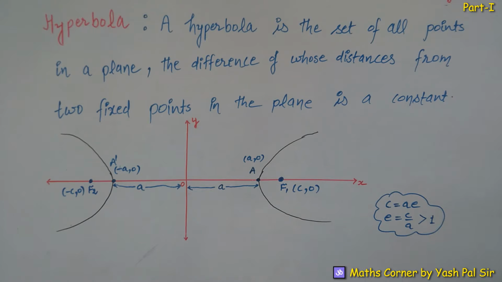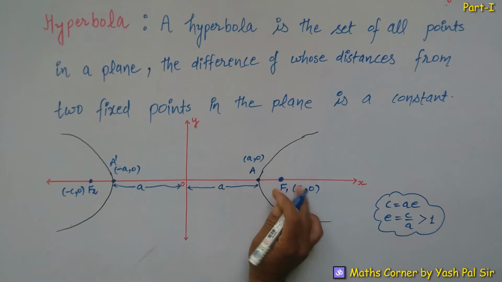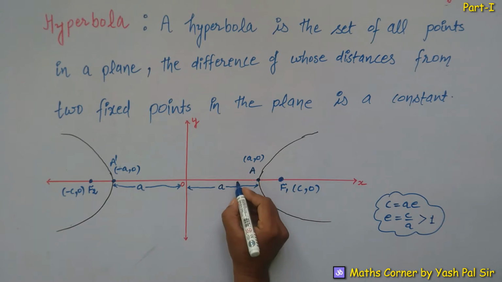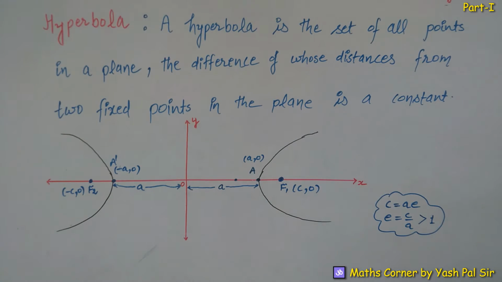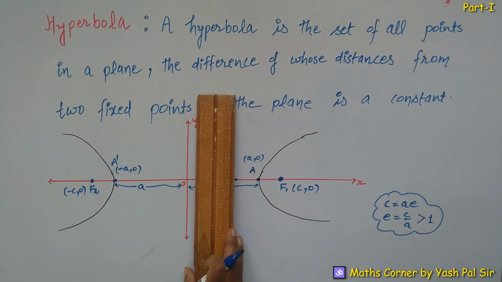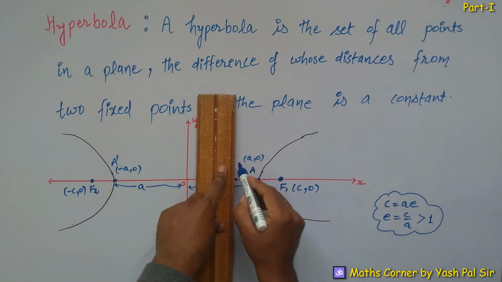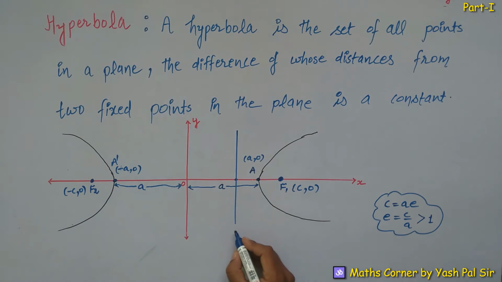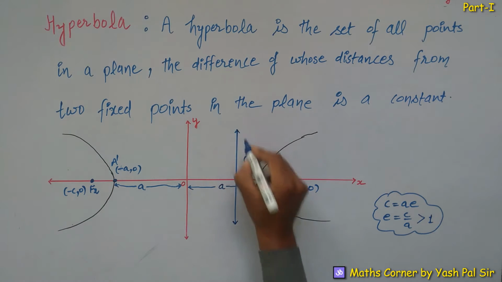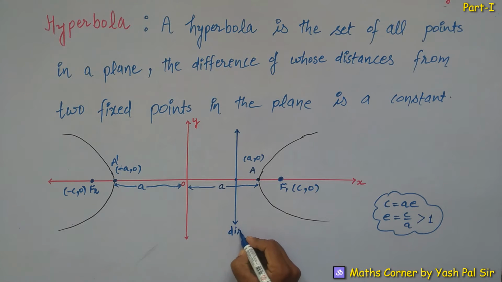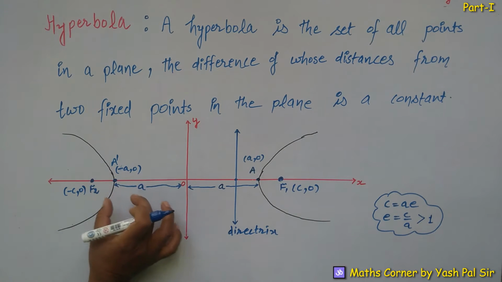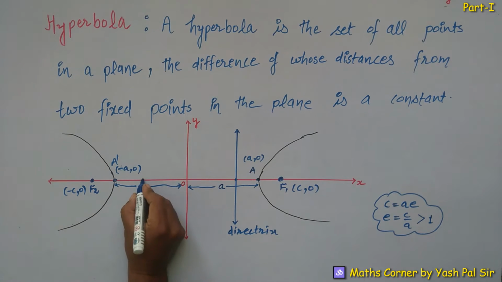Right? Now it is very clear that from A to F1 there is a distance, and the same distance to the left side, and the line parallel to the y-axis is called the directrix of the hyperbola. This is the first directrix. Likewise, the same distance to the right side gives this point.